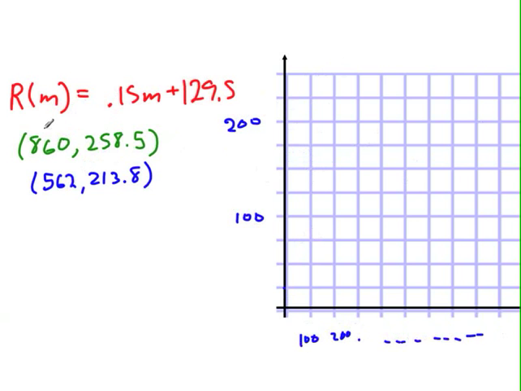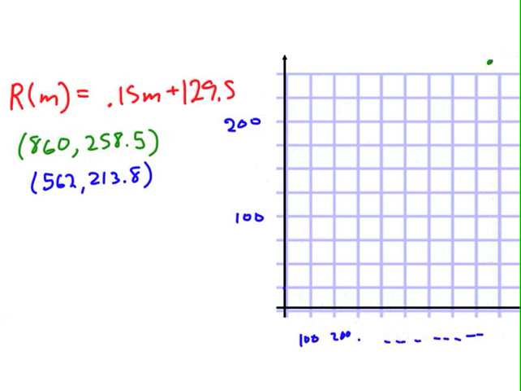So one of our points is going to be at 860, 258. So 860, 1, 2, 3, 4, 5, 6, 7, 860, and 258. It's going to be about right here. I should mark that green since we made it green before.